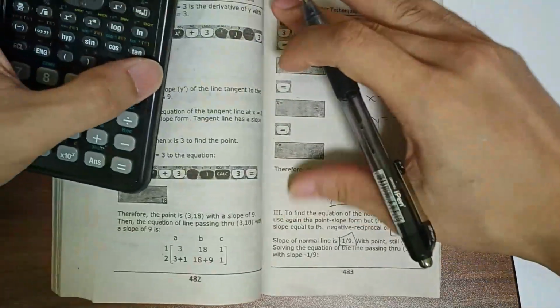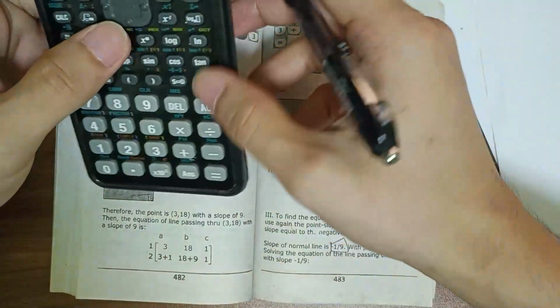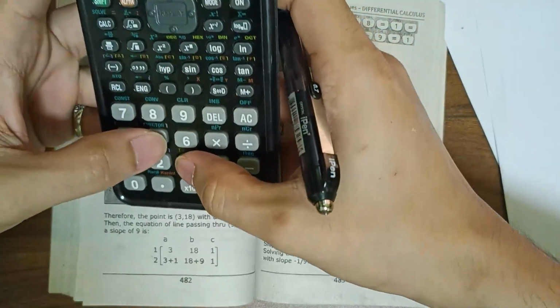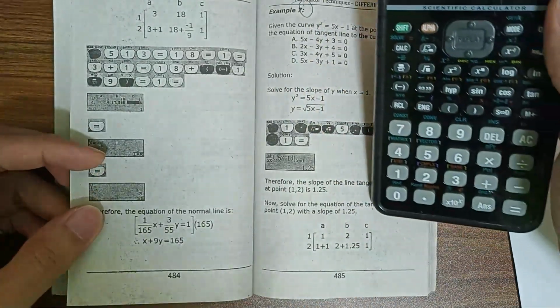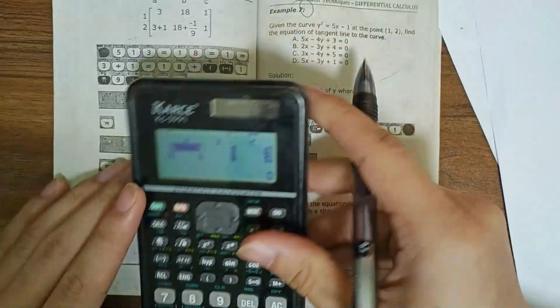Then we will use the same method here, which is mode 5 1. Then type it in our calculator once more.